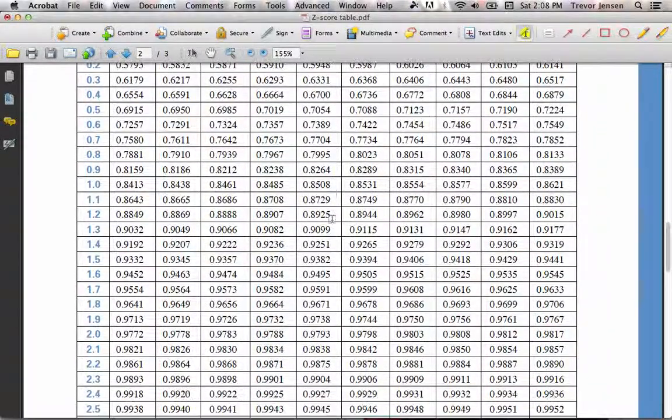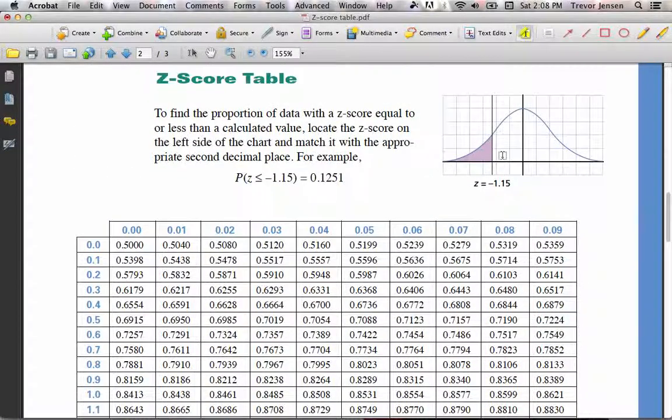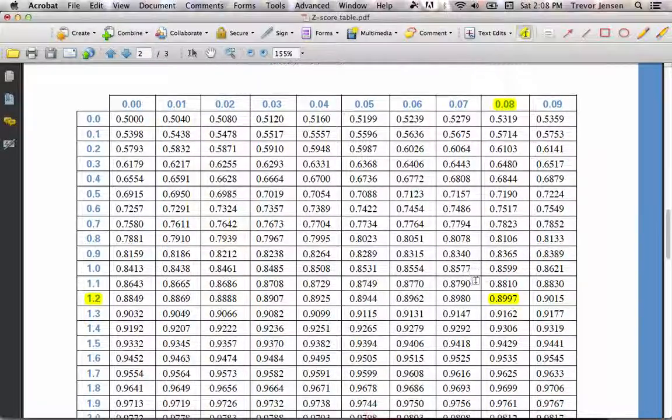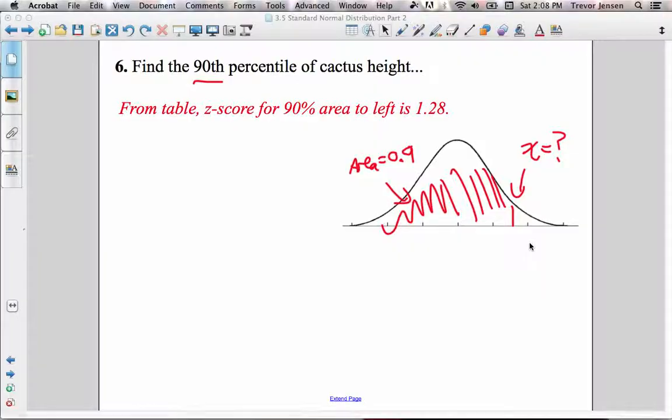Find 0.9 on this table here. This is the closest to 0.9 we can get right here, and that is 1.28. So a z-score of 1.28 would give you the 90th percentile.